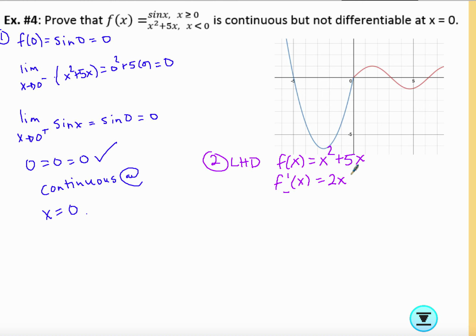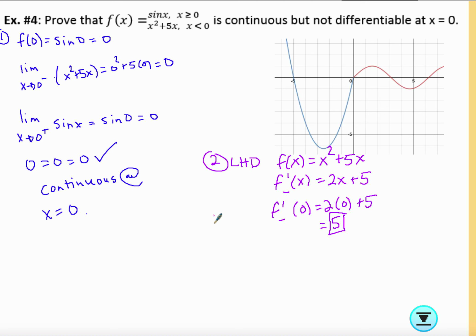That's going to give me 2x plus 5. Of course, we're not interested in the derivative of x, we're looking at the derivative at 0. So let's substitute 0 in there for our x. And that's going to give me 5. So my left-hand derivative is 5. So to the left of 0, as we're approaching 0, the slope of this function is about 5.